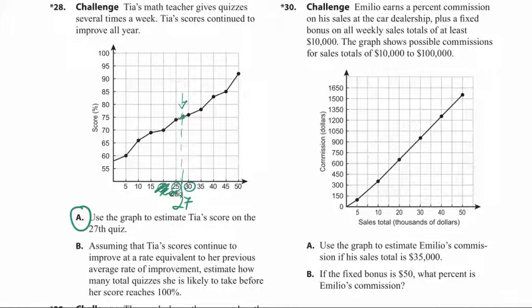As you can see, that's approximately what? 75% on the 27th quiz. That's most likely 75, 76, or 74, but close to 75%. Okay. How about B?